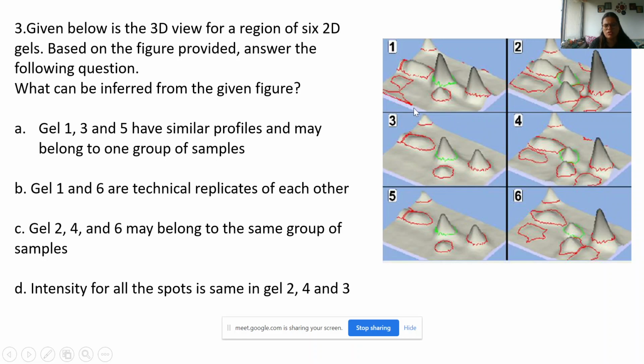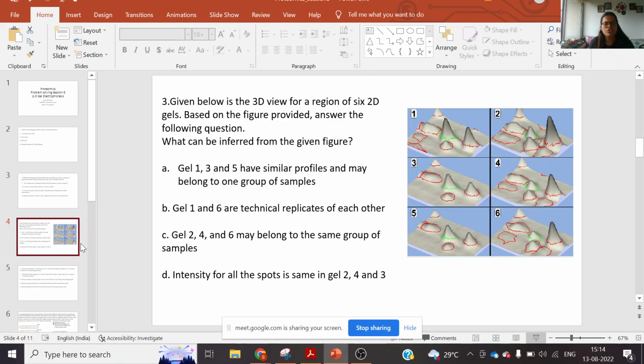But most of the regions are common in all the three. So we can think that it could belong to one group of samples, maybe a group of control or test, whatever. We don't know what the profile is, but we can just assume that they may be.